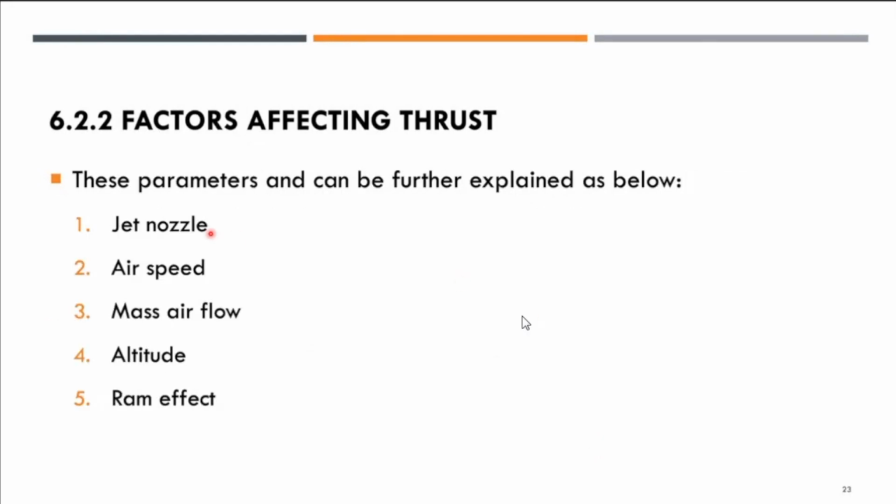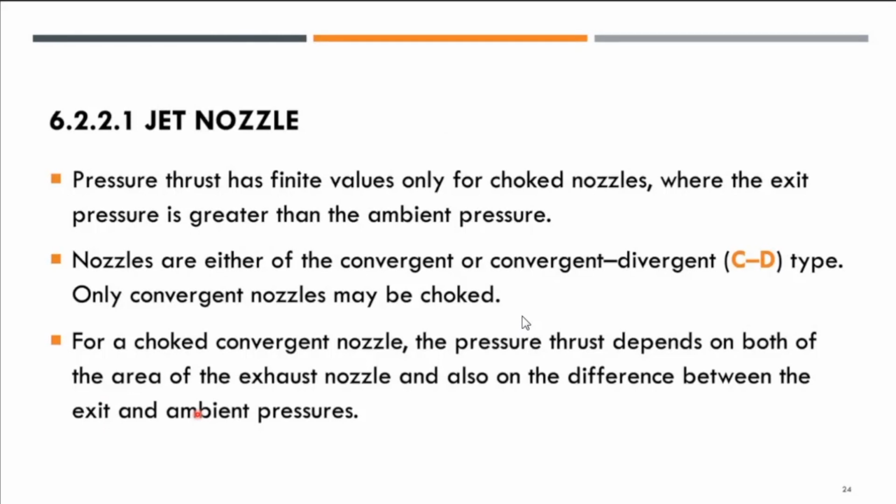These parameters can be further explained as follows. Okay, we have the jet nozzle, the air speed, the mass air flow, altitude, and the ram effect. The first one, jet nozzle. Pressure thrust has finite values only for a choked nozzle.